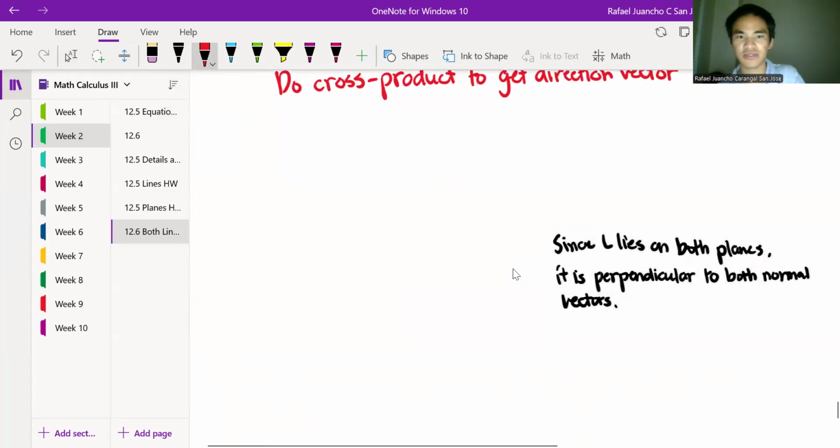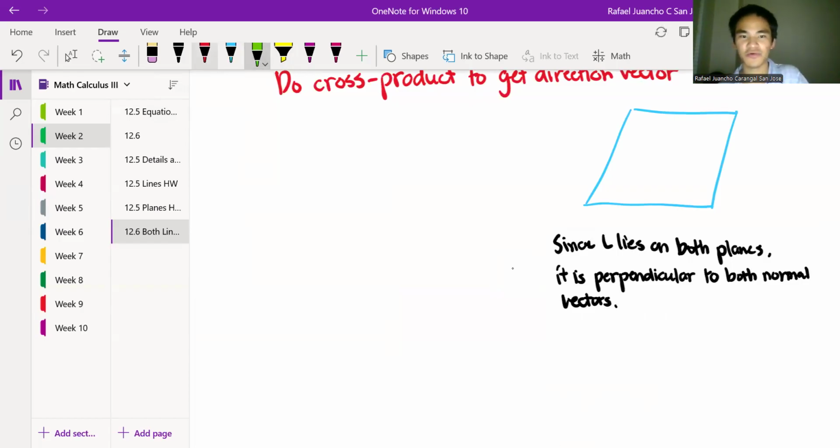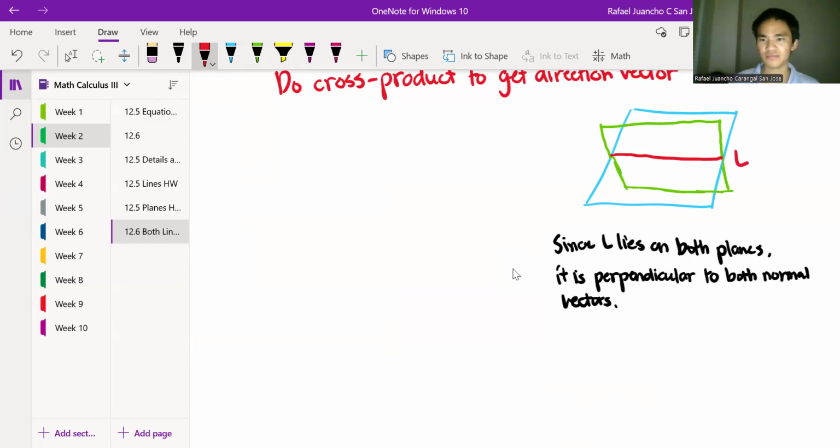So here we can say, we have a plane. Then we have another one that goes, let's say here. Now we have their line L. This means it's perpendicular to both their normal vectors.